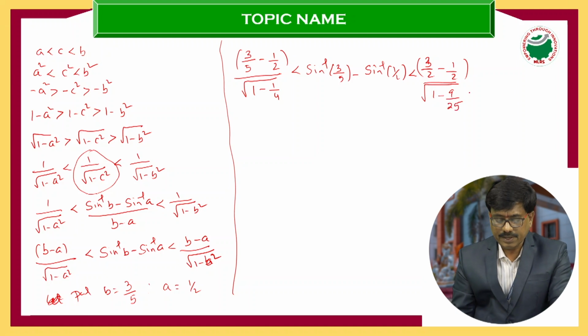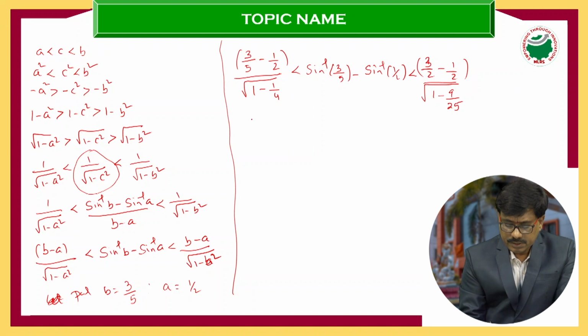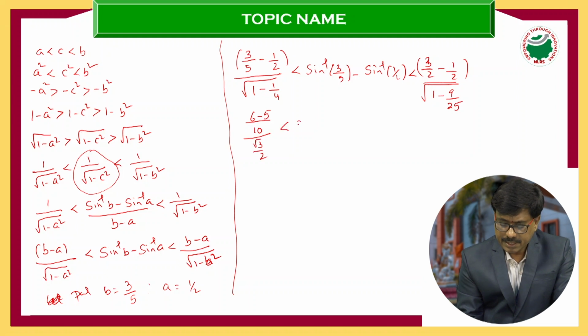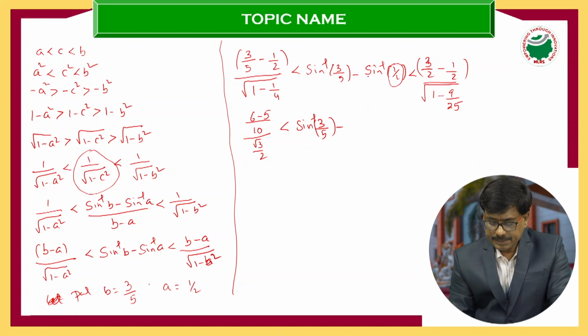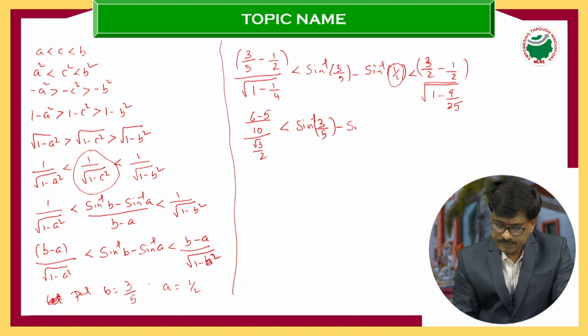Now let me simplify this. What is the numerator LCM? It is 10, so it becomes 6 minus 5 whole divided by root 3 by 2, less than sine inverse of 3 by 5 minus sine inverse of 1 by 2. Sine inverse of 1 by 2 becomes sine inverse of sine pi by 6, which is pi by 6.